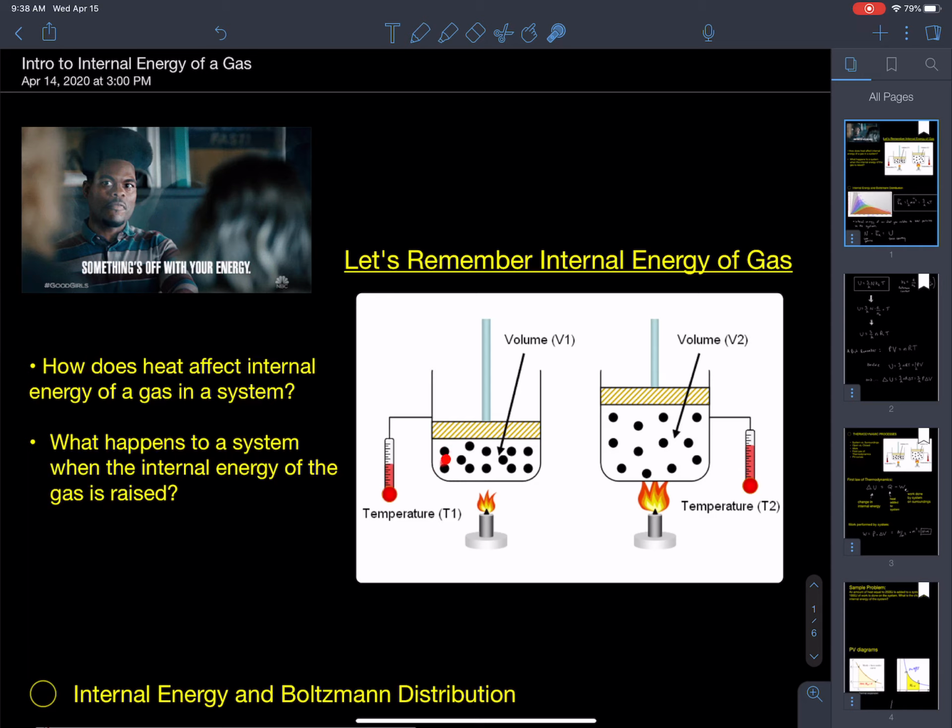And remember, force is related to the change in momentum. That's Newton's second law. So there'll be more force on that area, causing an increase in pressure on that piston. And when the pressure inside of that piston increases, we know that the volume is going to increase due to the ideal gas law. So we know this relationship.